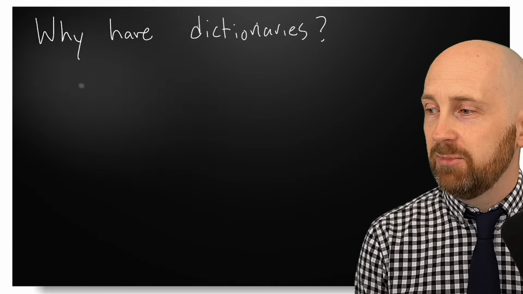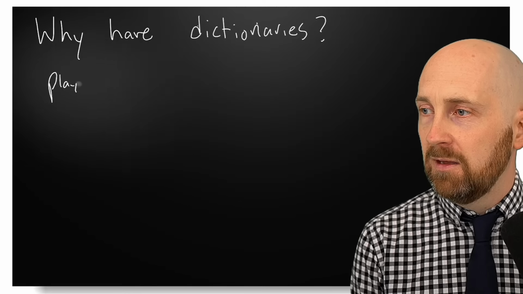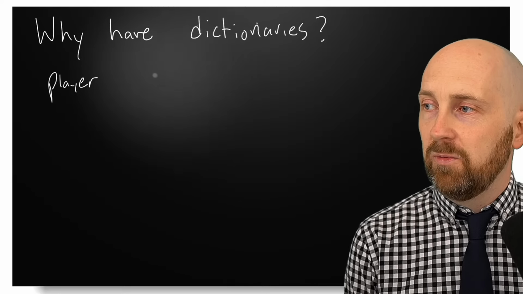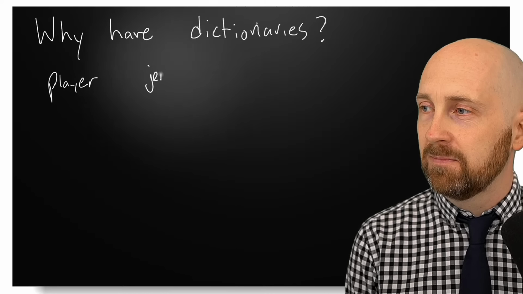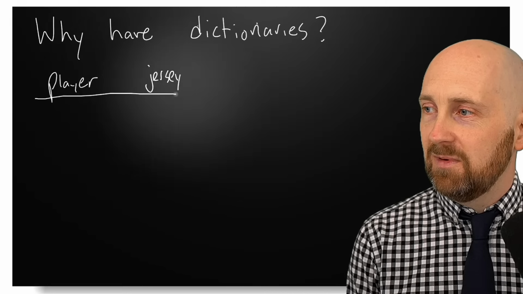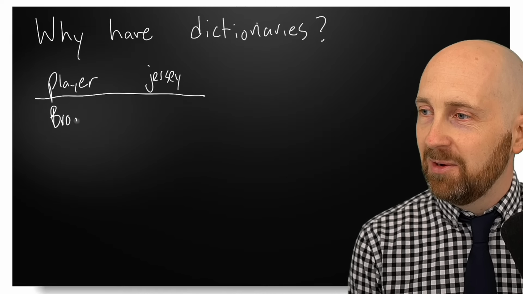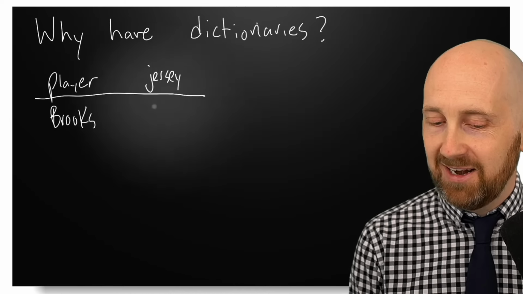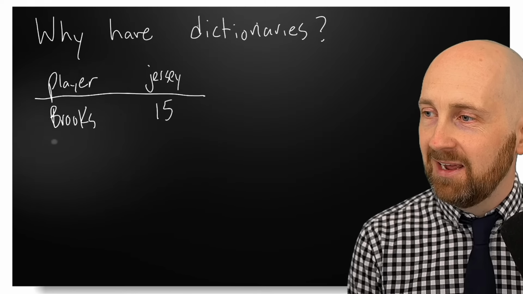So you can imagine a table where we have something like the player, and we want to relate with that player's name their jersey number, right? So, just making up some names here, I could imagine, Brooks is the name of a player, and Brooks has a jersey number 15, right?